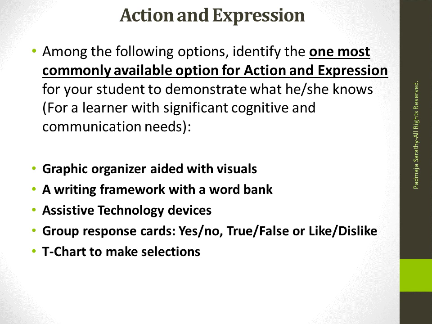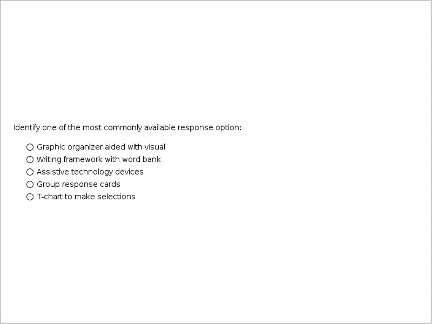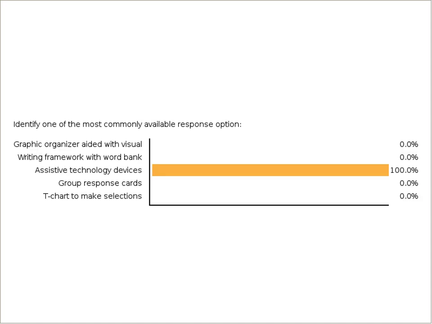You may be using several of them, but I'm talking about the one that's most used. Okay, go ahead and complete the survey to indicate one of the most commonly available response options for your students.